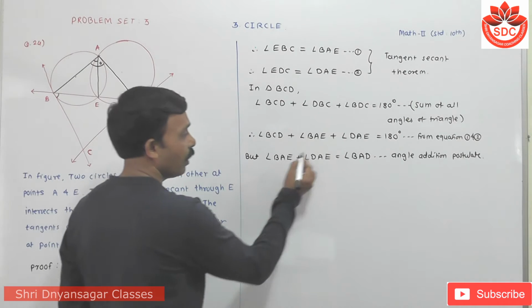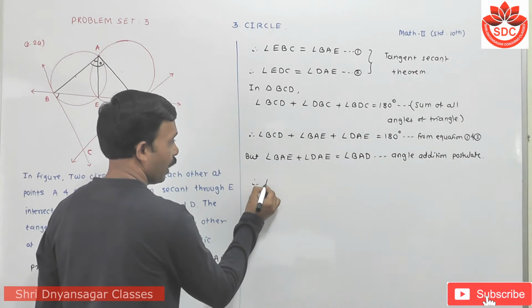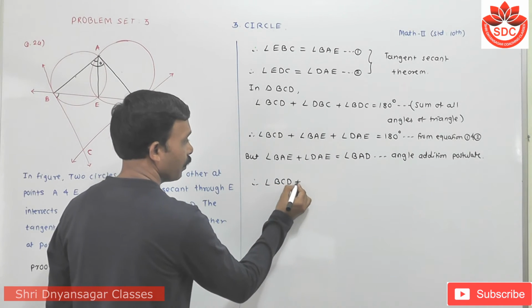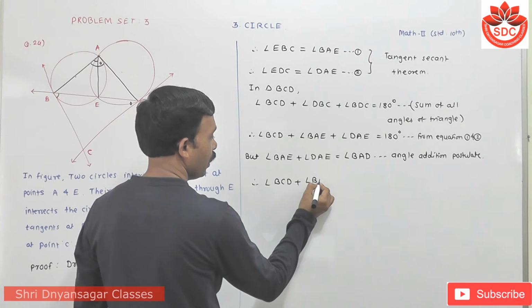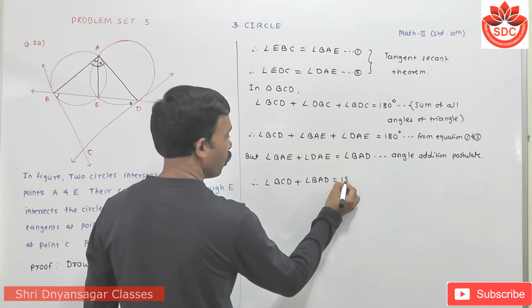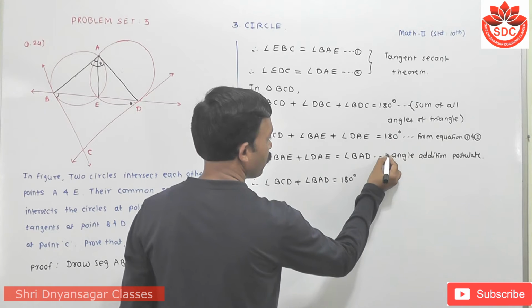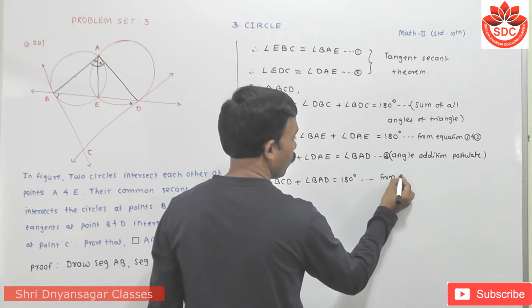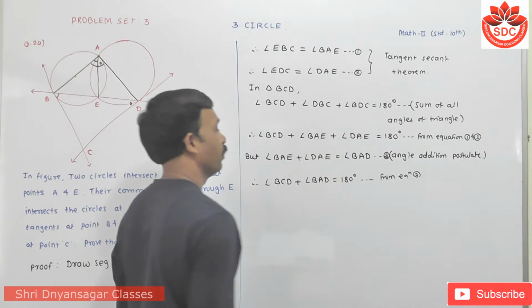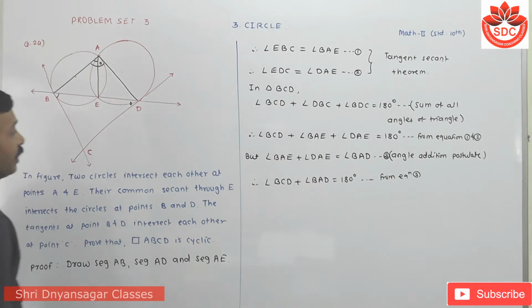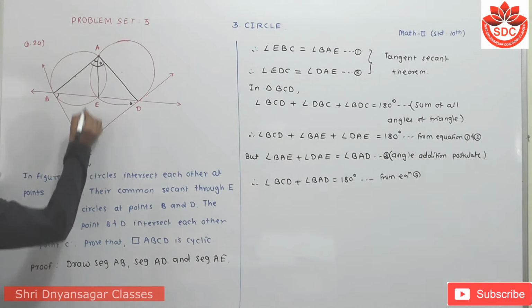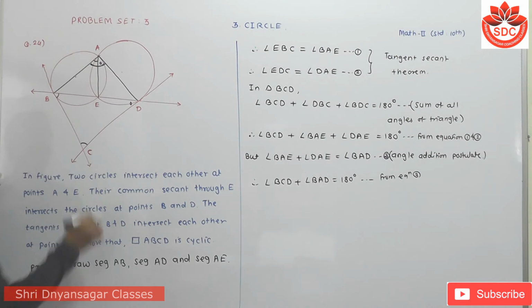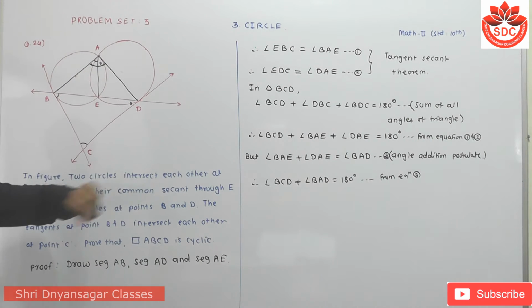Then we substitute this value here, so angle BCD plus angle BAD is equal to how much? 180 degrees. Suppose this is equation number 3rd. We write the reason from equation 3rd. Means look at this angle BCD and this angle BAD is 180 degrees.